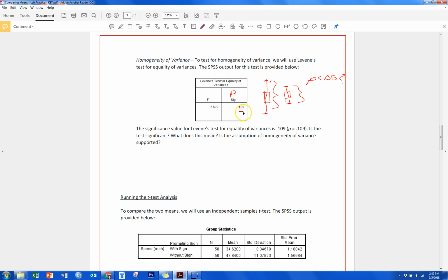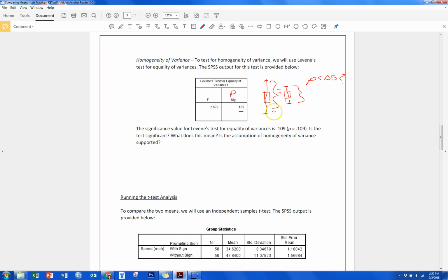So that is not less than 0.05. So 0.109, that's 10 hundredths, is not less than 5 hundredths. Therefore, it is not statistically significant. In other words, these are not significantly different. So they are statistically equal.